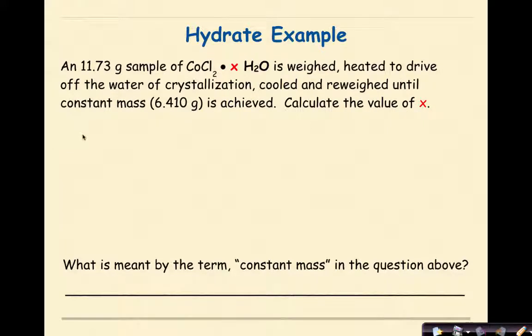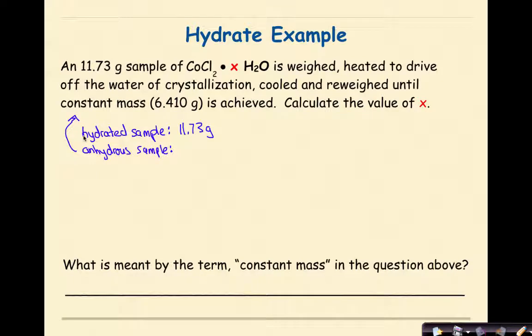So we have two things here. We have the hydrated sample, which is 11.73 grams, and we have the anhydrous sample. And remember, the anhydrous sample is the sample that is at constant mass. This is the sample where all the water has been removed.